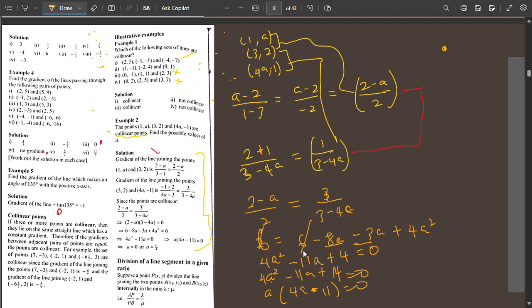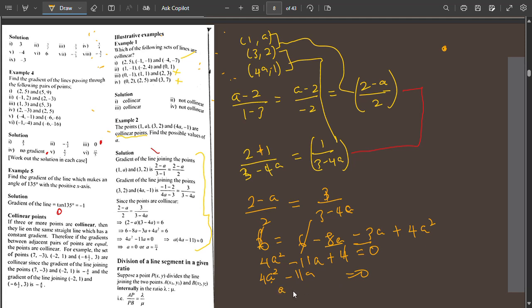So this 6 cancels the 6, and we have no more 4 here. Let me make it good for you to see. That means we get rid of this 4, and we get 4a squared minus 11a is equal to 0.